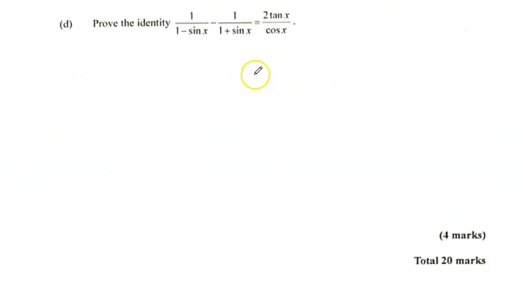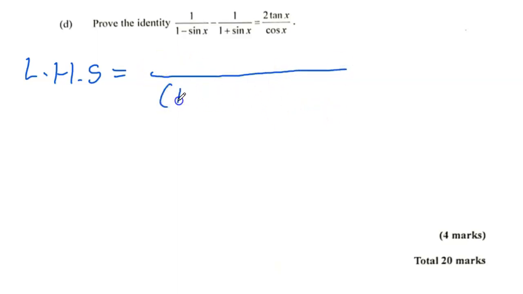Next is a trig identity we need to prove. So let's begin from the side that has more terms, which is the left hand side. The first thing we should seek to do is to have one common denominator. So we can just take the product: 1 minus sine x times 1 plus sine x.